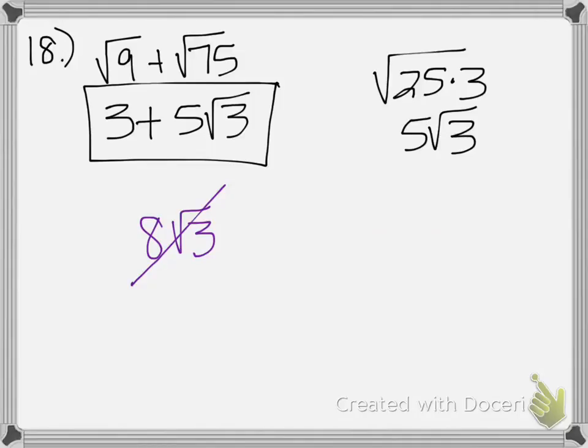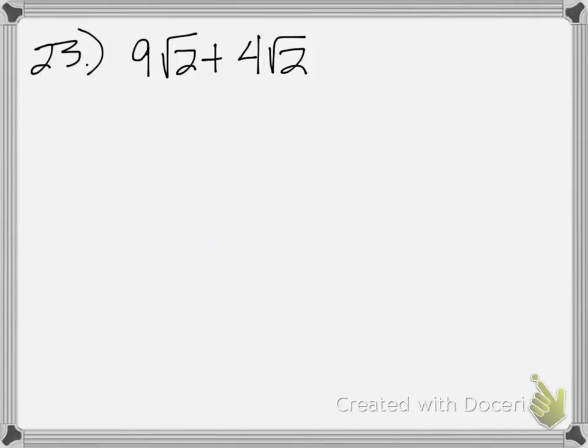So 3 plus 5 square root 3. Alright, so that's 18. Let's look, okay, not 19 because that's going to be i. Okay, so here's an instance where we do add, and they are like radicals. They both have the same square root 2, so we can go ahead and combine them. Just like if it was 9x and 4x, we could put them together.